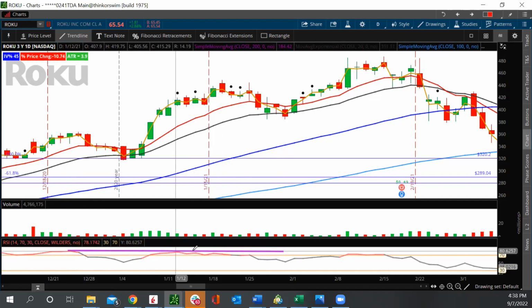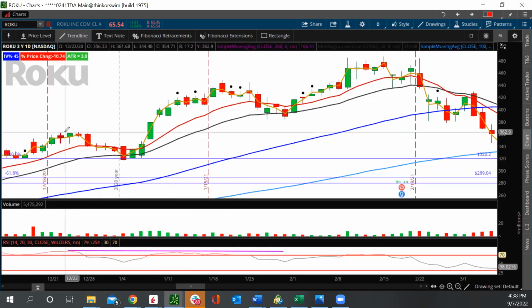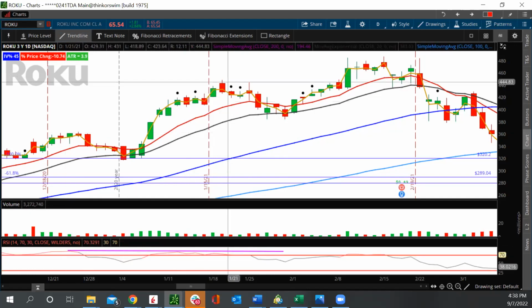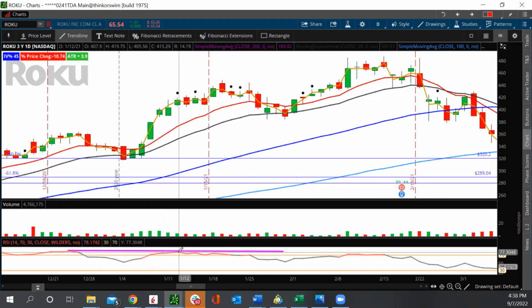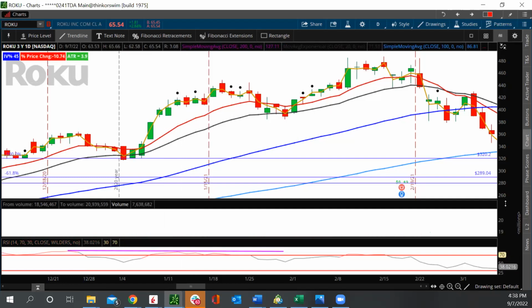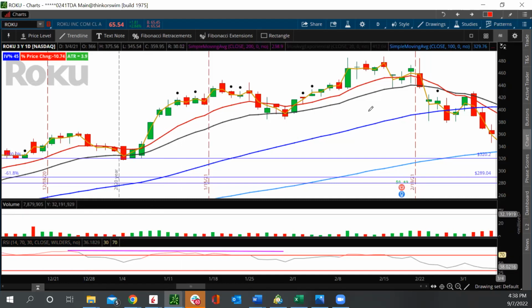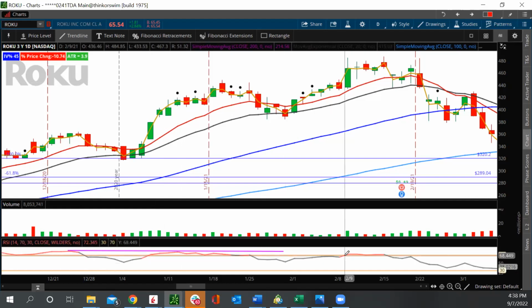Even if it were completely flat, that's a divergence, because price is making higher highs, but the RSI is actually either even or it's dropped slightly, right? So that is an indication of a divergence.